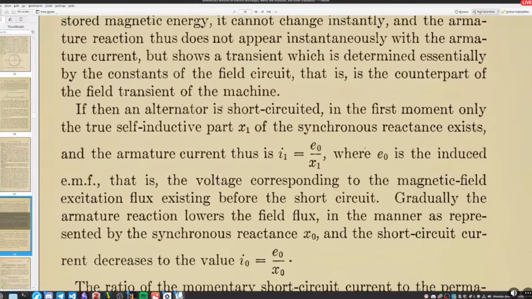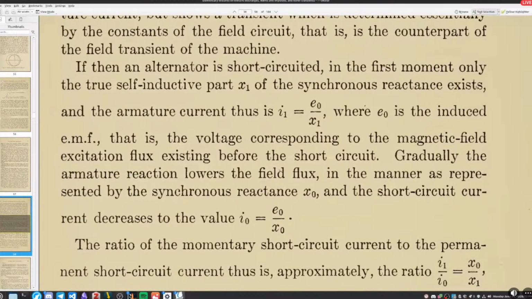If then an alternator is short circuited, in the first moment only the true self inductive part, X1, of the synchronous reactance exists, and the armature current thus is I sub 1 equals E naught over X1, where E naught is the induced EMF, that is the voltage corresponding to the magnetic field excitation flux existing before the short circuit.